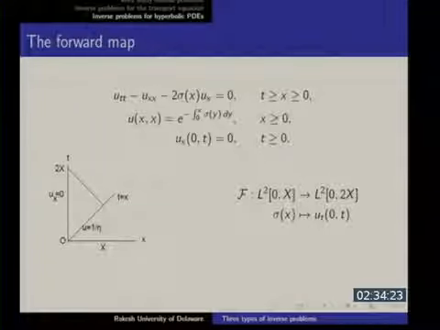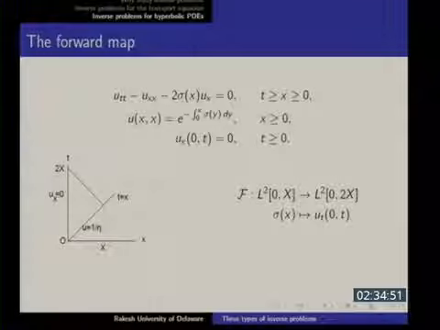The inverse problem is, I'm telling you the measurement at the mouth. Can you tell me what the area of cross-section is? So F is the forward map which takes coefficients, the area of the cross-section, and gives you the measurement. I'm giving you the measurement. Can you tell me what the area of the cross-section is? As I said, this is a nonlinear map on Hilbert spaces, and you try to invert it.